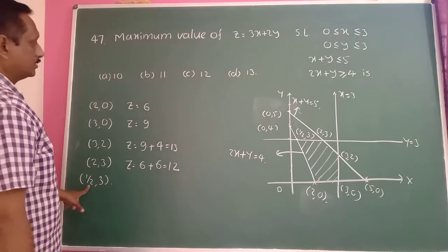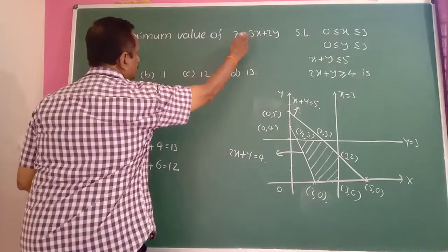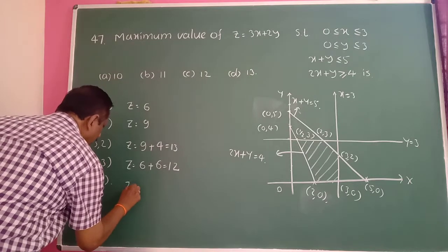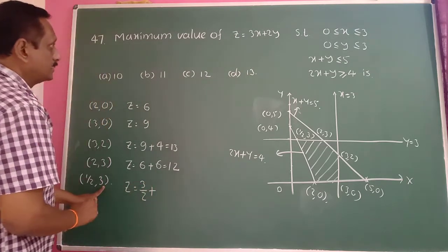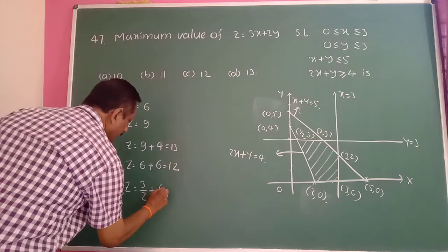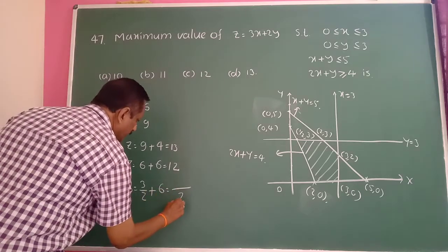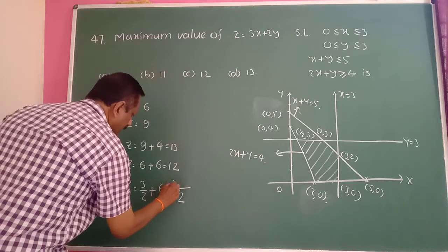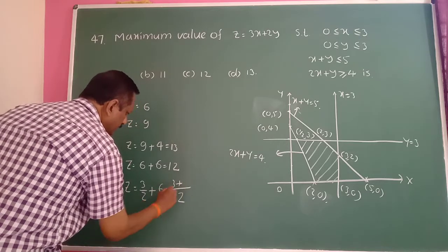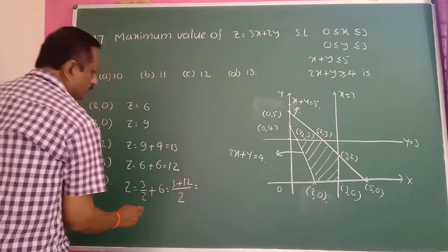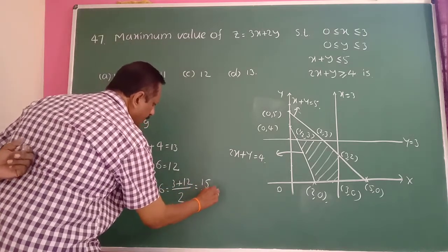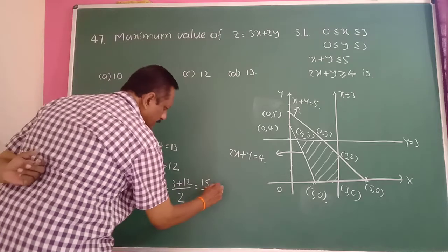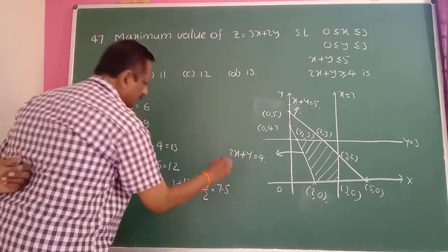Then put x equal to 1 by 2 here, so it is 3 by 2, z equal to 3 by 2 plus, and y is 3 here, 3 twos are 6. Here LCM is 2, therefore 3 plus 12 is 15, 15 divided by 2, 15 by 2 means 7.5.